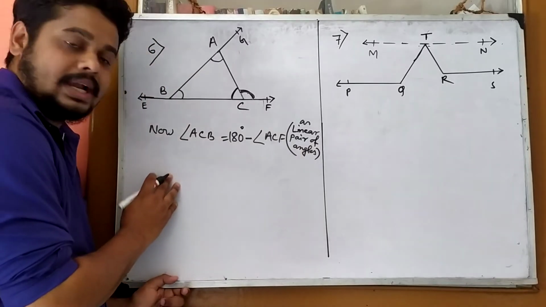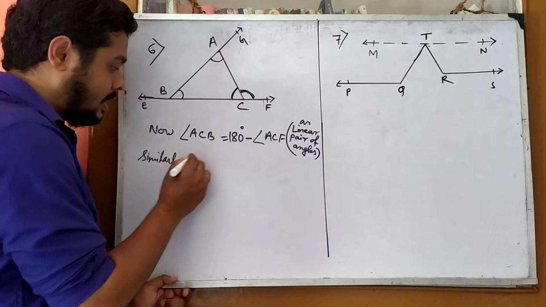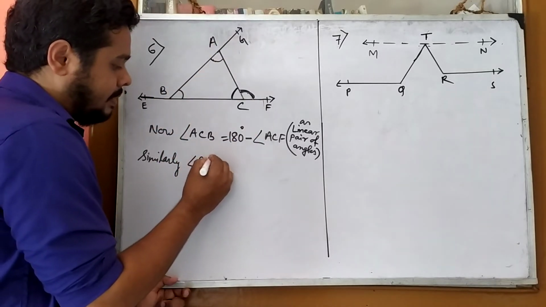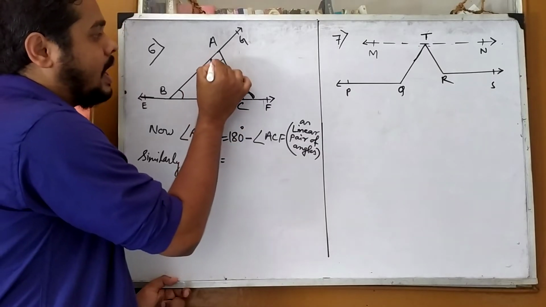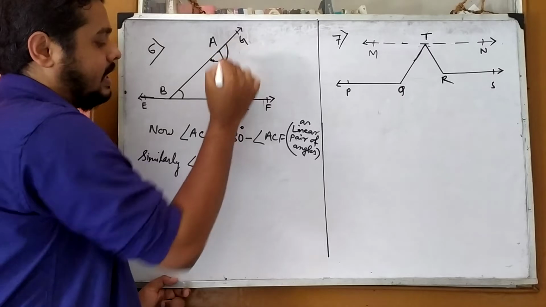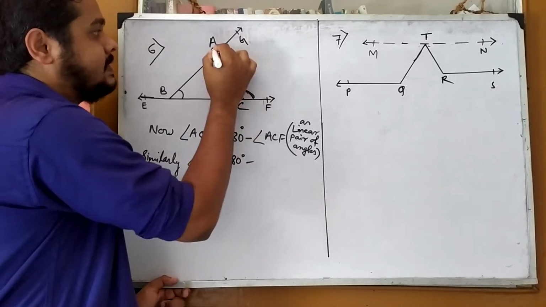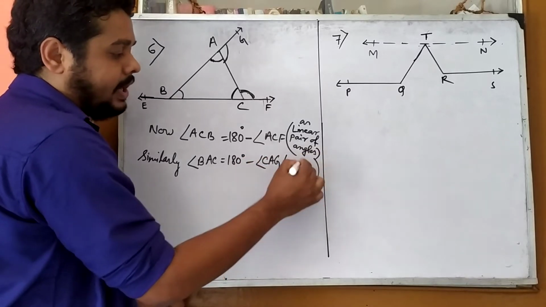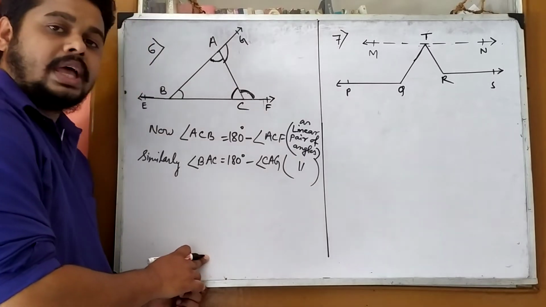Okay, similarly this angle BAC equals 180 minus this angle, that means 180 minus CAG. By which property? Same property, linear pair of angles.